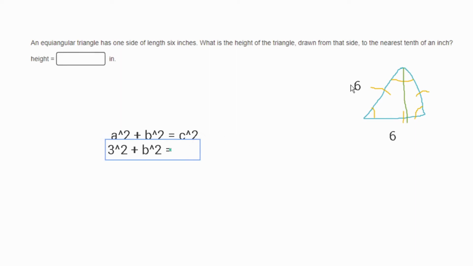We know c is 6. So if we simplify this equation, we get 9 plus some value. You could just say some value, just remember to take the square root of it, but I would not recommend changing the variable name, so I'll keep it at b squared. And then 6 squared is 36.